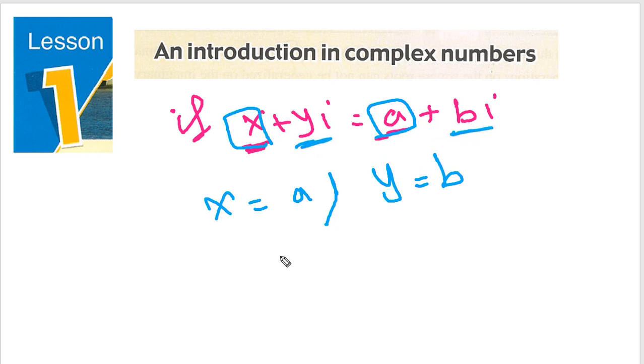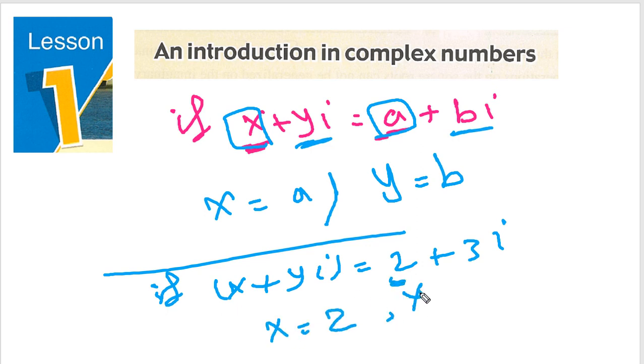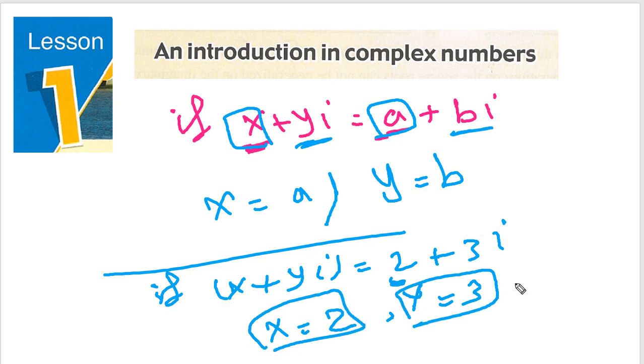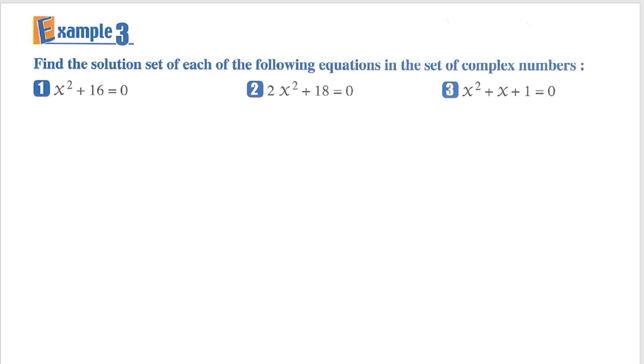Then if he gives you x plus yi is equal to 2 plus 3i, what is the value of x? It will be 2. And what is the value of y? It will be 3. What is the value of x plus y? It will be 5, and so on. Okay, it's clear. Go to the next.